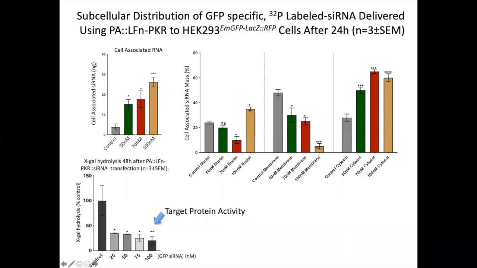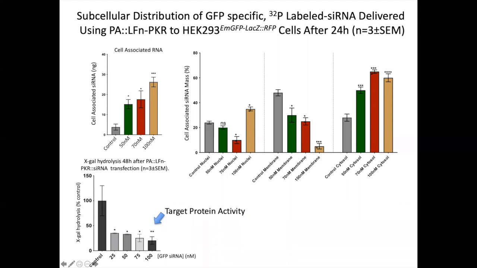Next slide, please. So when we introduced our 32P labeled anti-GFP siRNA into HEK293 cells, we could measure the amount of cytosolic versus the amount of membrane-bound 32P siRNA. I will actually draw your attention to this portion of this slide. These are increasing doses of siRNA.